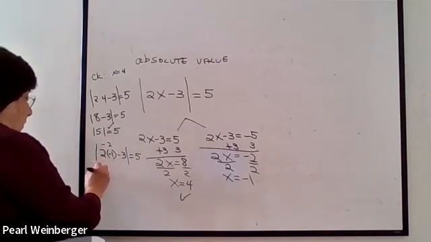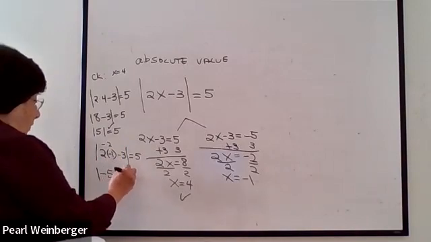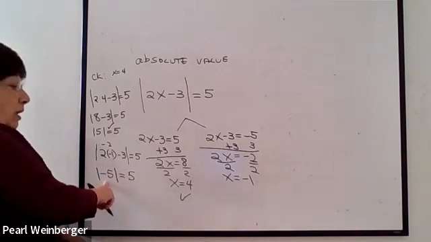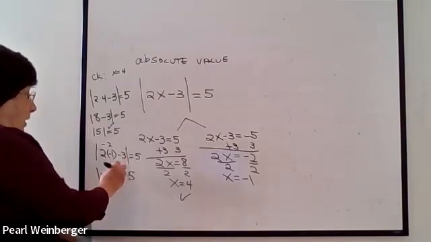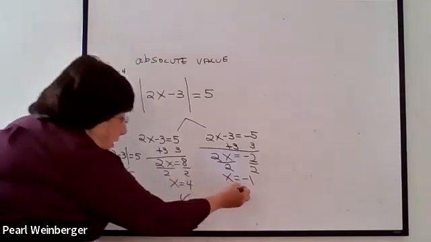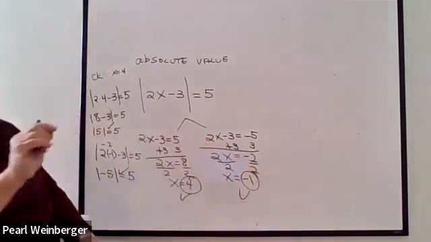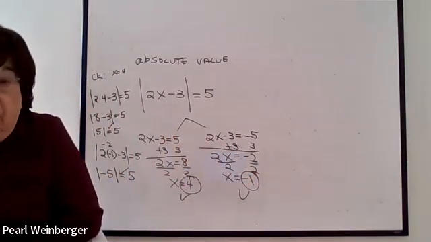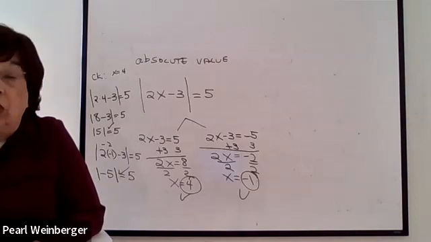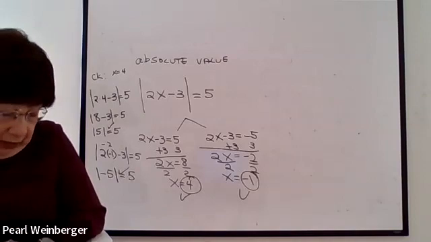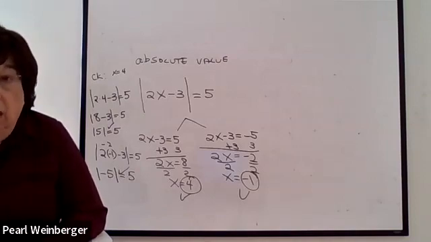So I'm going to get the absolute value of negative 5 equaling 5. And guess what? The absolute value of negative 5 is 5. That also checks. Both answers work, and you must give both answers. If you only give one answer, you're going to be marked wrong, because an absolute value equation needs both answers.